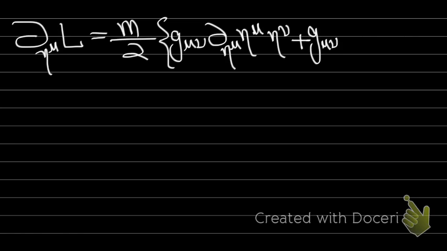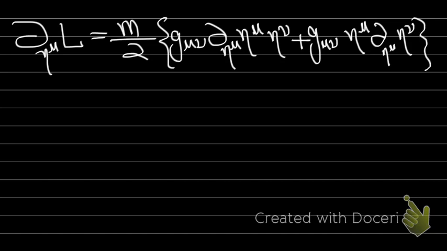Now we would have the derivative of the other term. So let me write down eta mu and the partial derivative with respect to eta mu of my eta nu. Yes, so that's it.